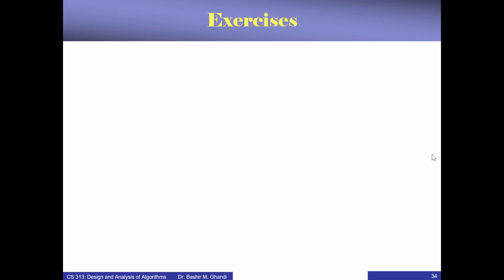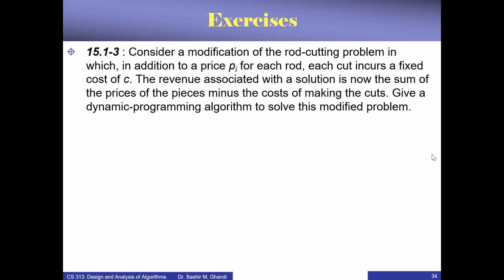As usual, I have a set of exercises for you to try to help you check whether you actually follow the lecture. The exercises are generally from the book, and the first one says: consider a modification to the rod cutting problem in which, in addition to price p_i for each rod, each cut incurs a fixed cost c.